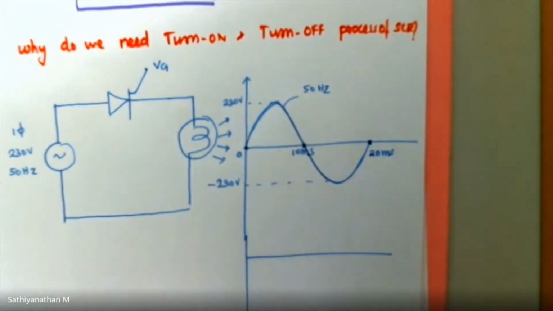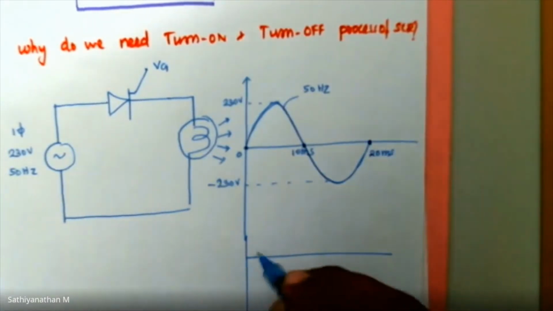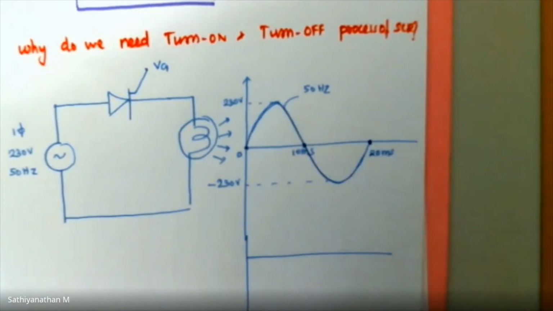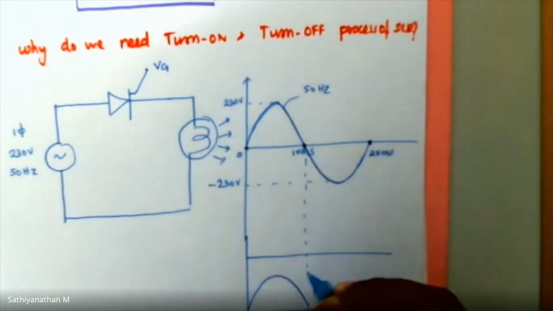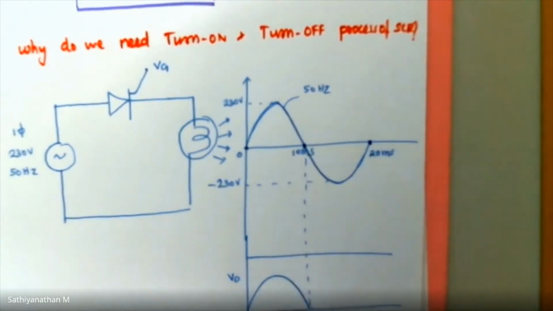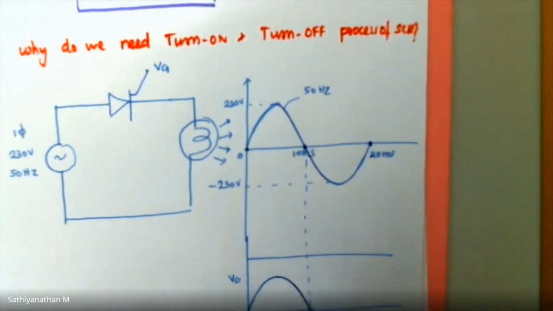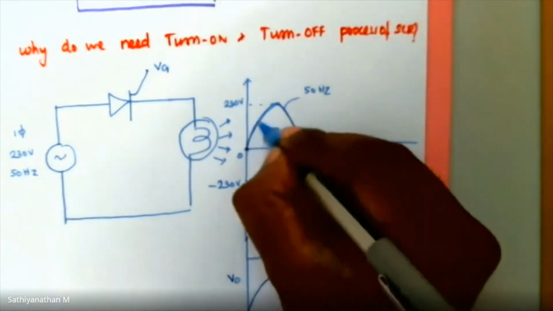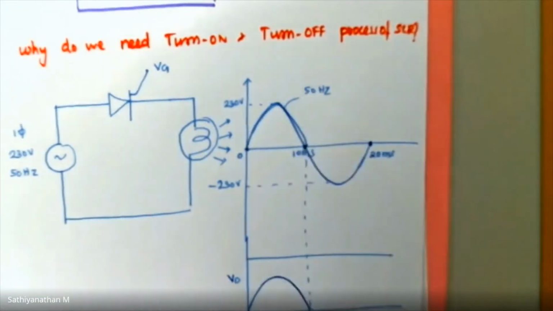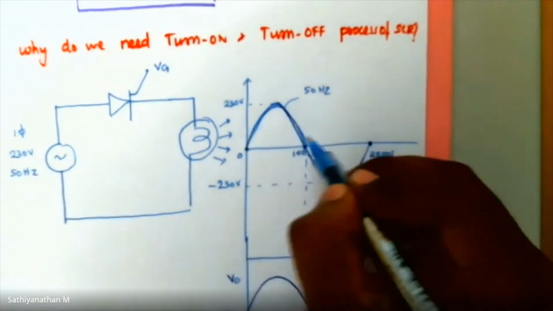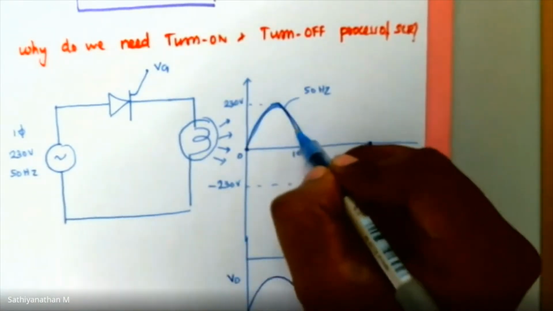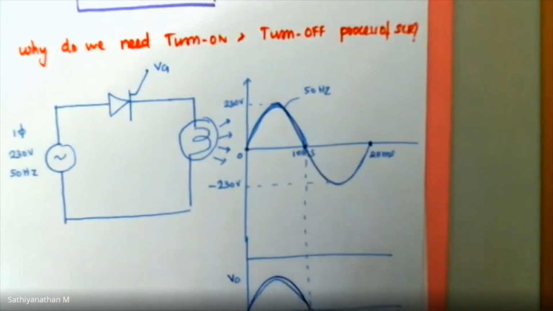So to get the entire output voltage from the input, you have to allow the entire peak voltage to your load.